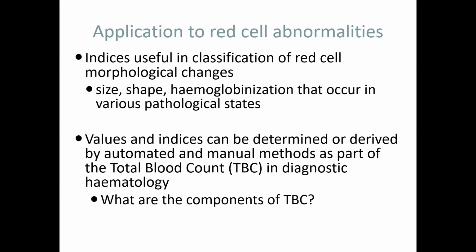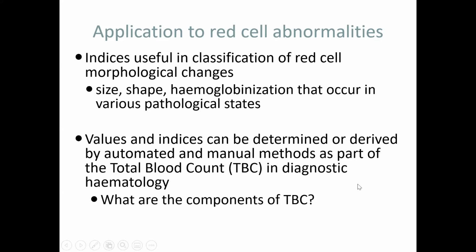There are certain disorders where you have abnormal hemoglobinization of the red cell. So by looking at these indices and values and the morphology, we are able to classify these red cell disorders.